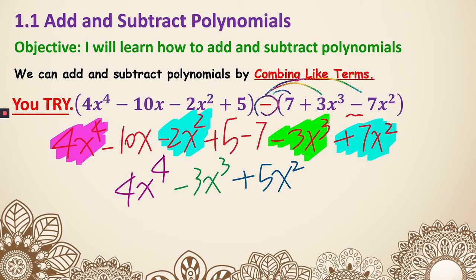So after we're done with the squares, now we can look for negative 10x. There's nothing else with it, so we just do a negative 10x. And lastly, we have this plus 5 and minus 7. That together gives us a minus 2 on the end. And then we're done.